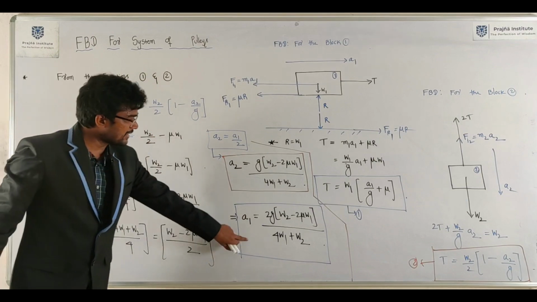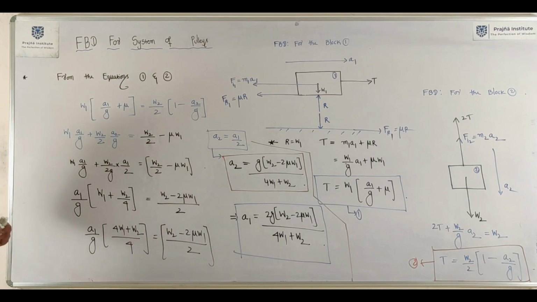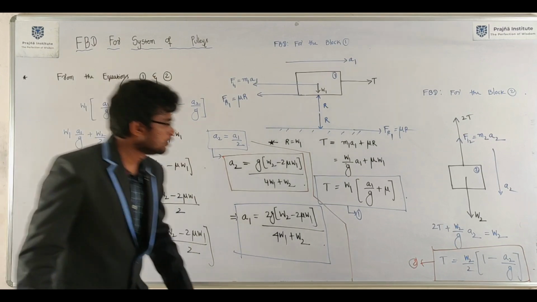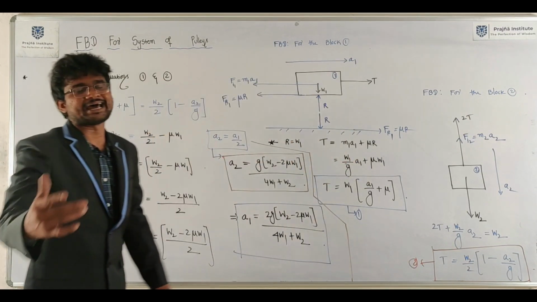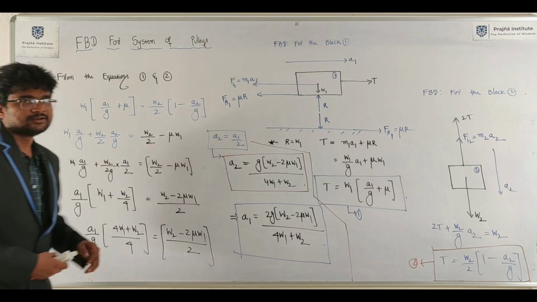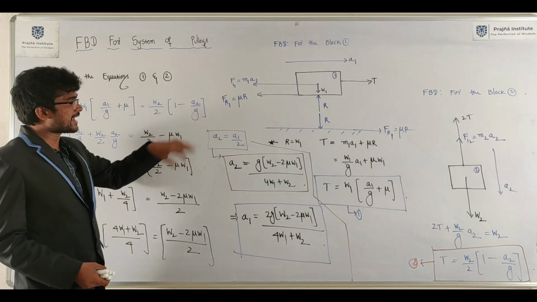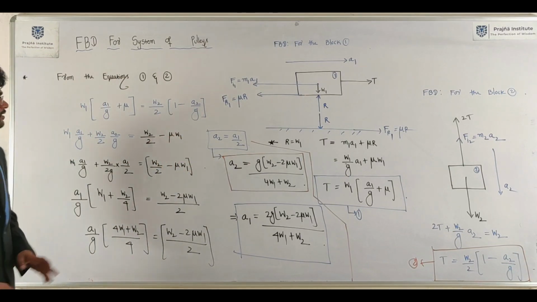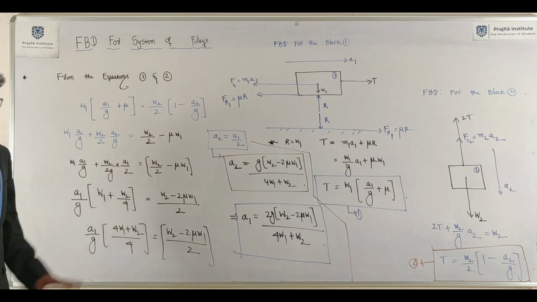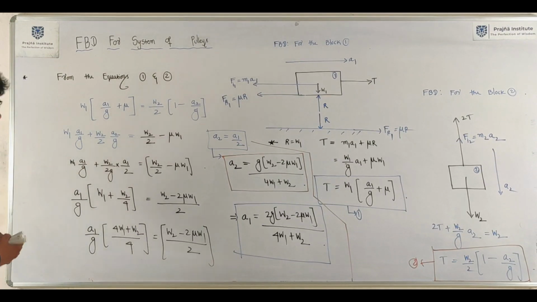Once you substitute the acceleration of block 2 in this particular expression, you will directly get tension in the spring. Understood now? Solving two equations, that's it. Just add this equation, now write a2 in terms of a1. Then everything will come into 2 equations, and you can solve the problem. That's it. Next.